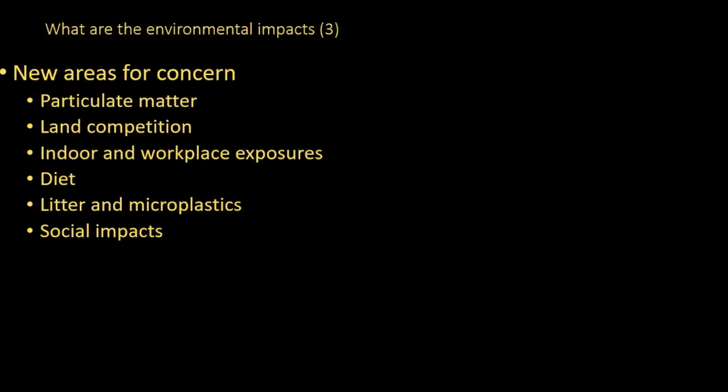Land competition, we live on one planet. The competition between land use is fierce, and now we've got to use some land to try and grow carbon. We're using land to grow natural fibres and biofuel. So land competition is increasing because our land area is not.